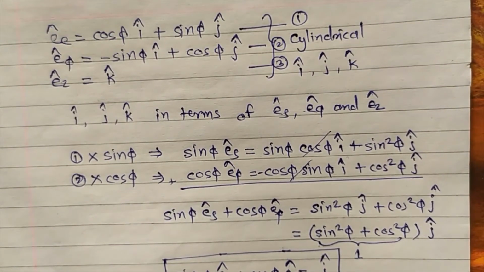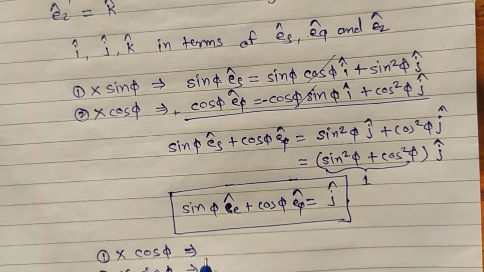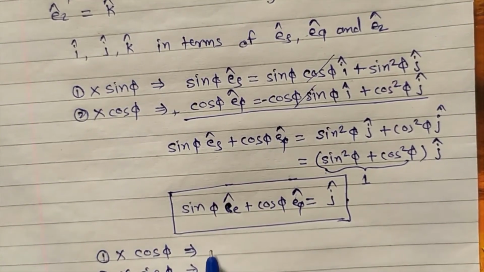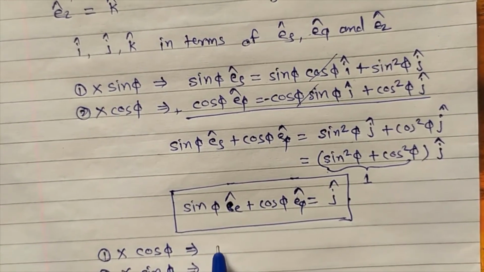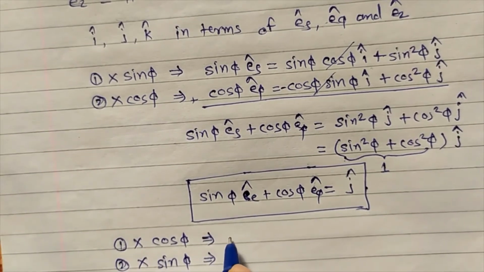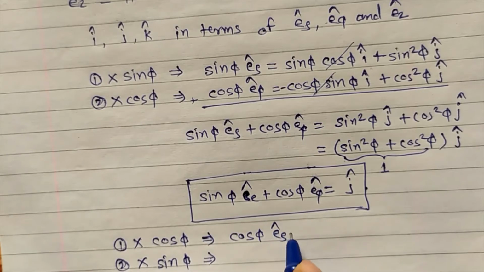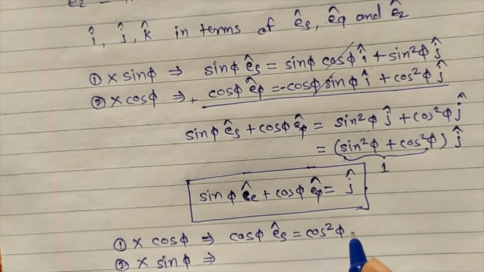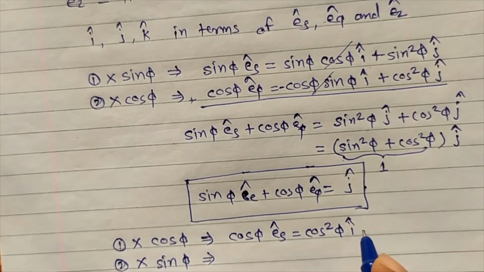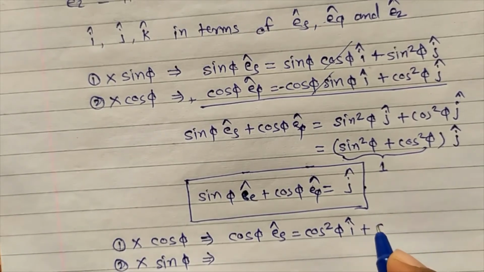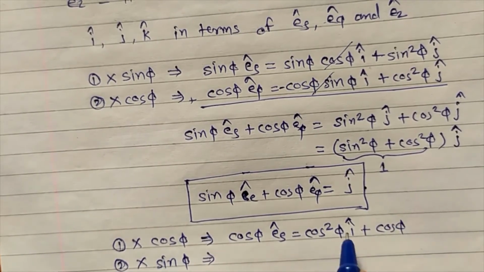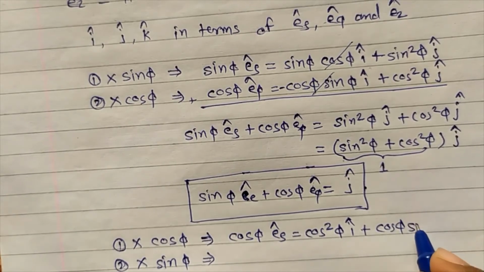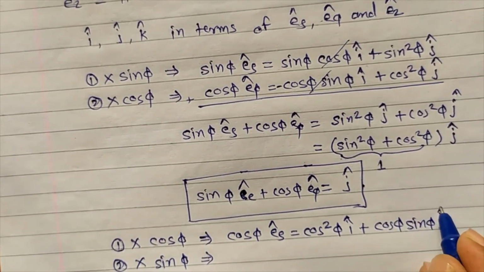This is cos phi and sin phi. Then I'm multiplying it by cos of phi. So this will become cos of phi e rho cap is equal to cos square phi I cap plus cos of phi, and originally there is a sin of phi j cap.